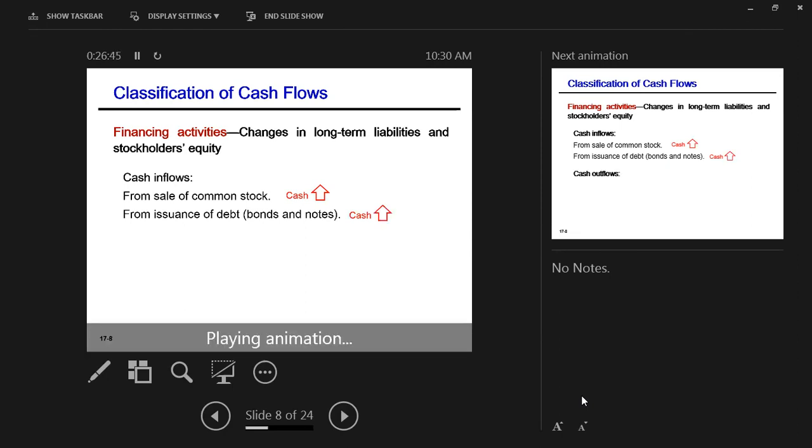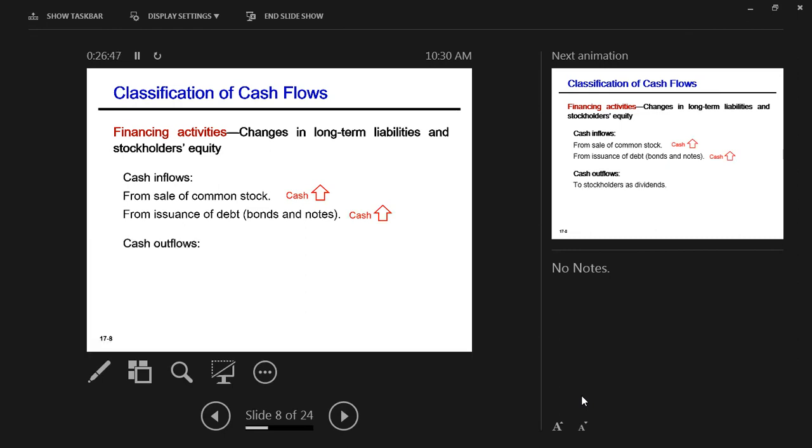Then what about the cash outflows? When we pay dividend, it means that we pay dividend from equity, from net income. So it is related with financing. So this transaction will decrease the equity. Can you remember our long-term liability chapter? I told you the dividend decrease the equity. So when you sell a stock, your equity increase.